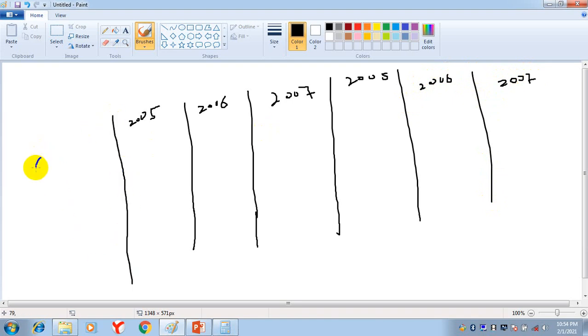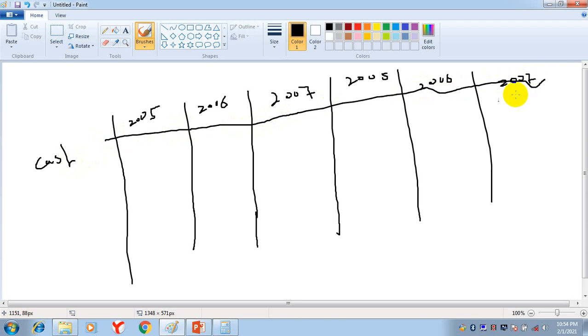Suppose the first item is cash. Now, this year's data, 2005, will become equal to 100. This is base year data, so that's why we will take it as 100%.